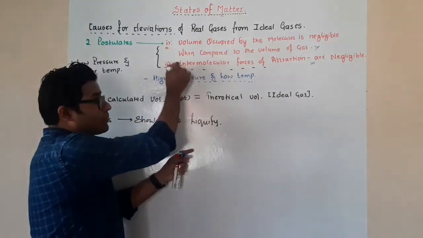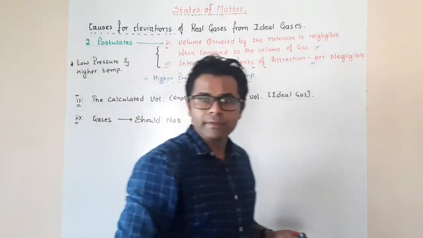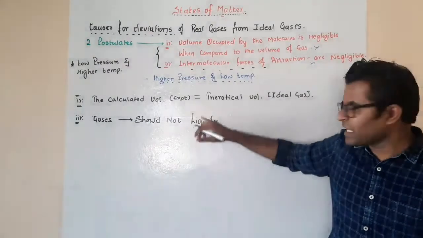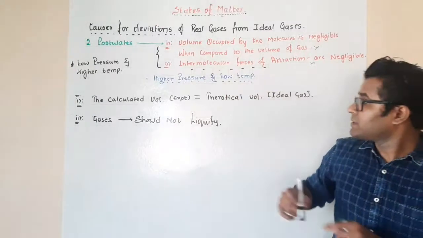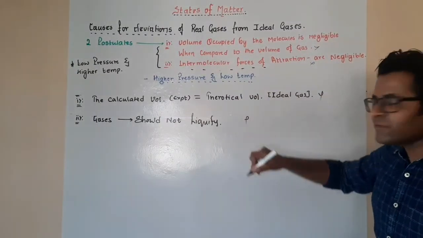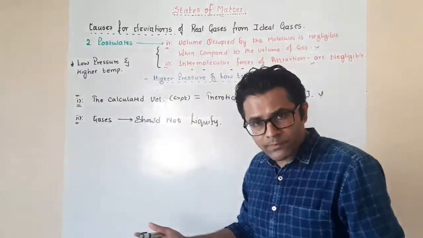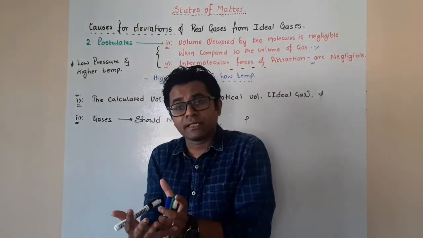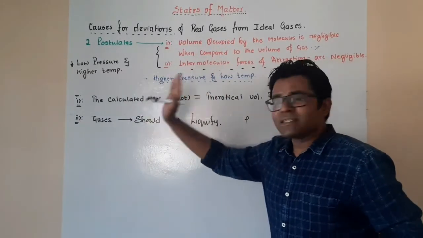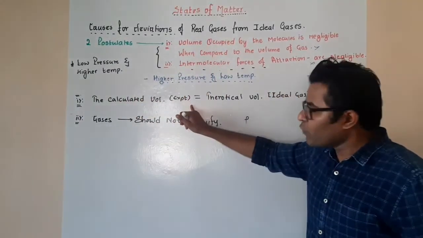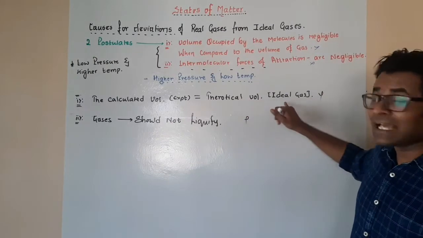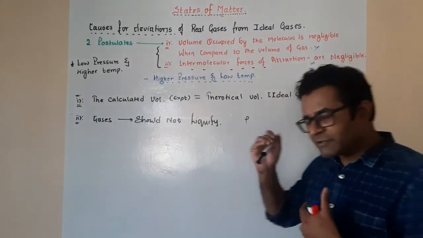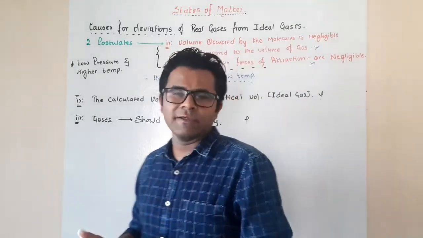Okay, so therefore, if these two points are correct, then these two will be correct. But we do not have this, neither do we have this. Of course, when you generate the pressure, what will happen? The gases usually are going to get liquefied. Correct. Secondly, there is always a deviation between the experimental volume and the theoretically calculated volume. There is going to be a certain amount of difference.